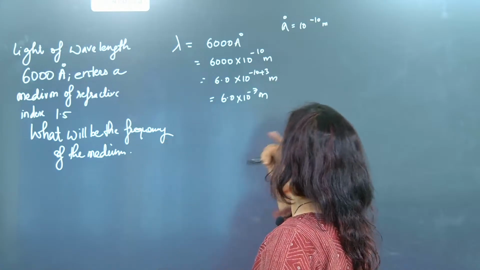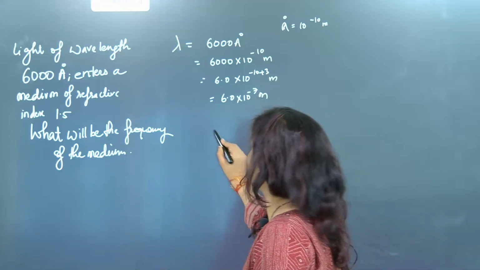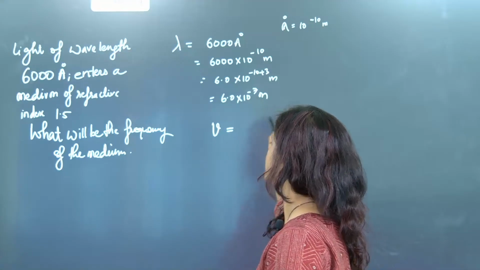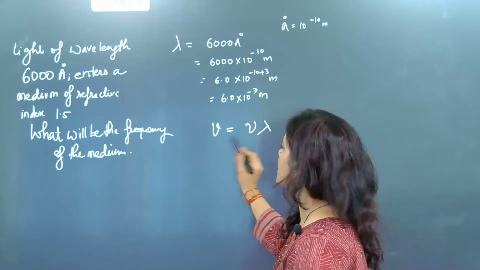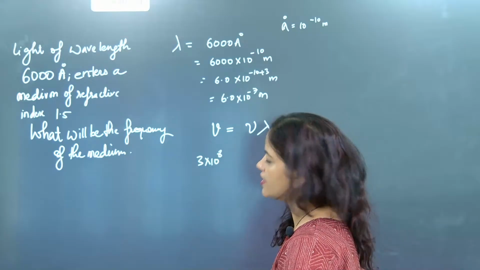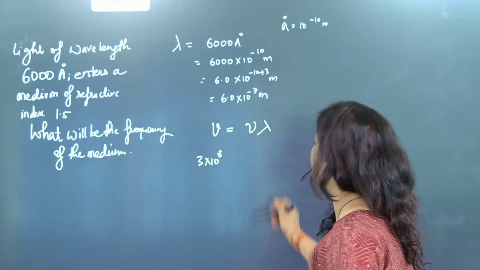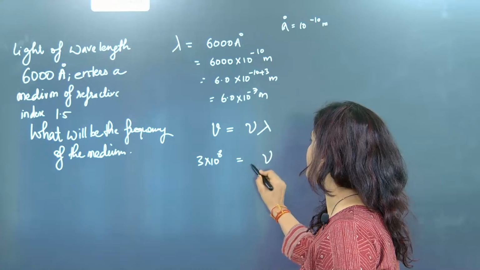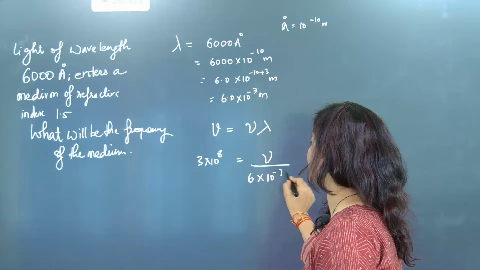So now look here. We know one formula: velocity is equal to frequency into wavelength. So here we take 3 into 10 to the power 8, frequency we don't know, and wavelength is 6 into 10 to the power minus 7.